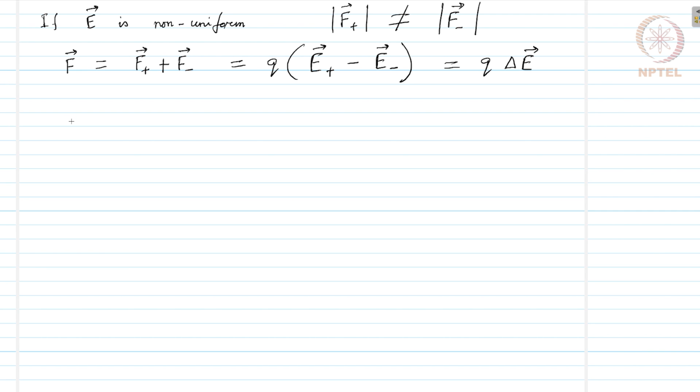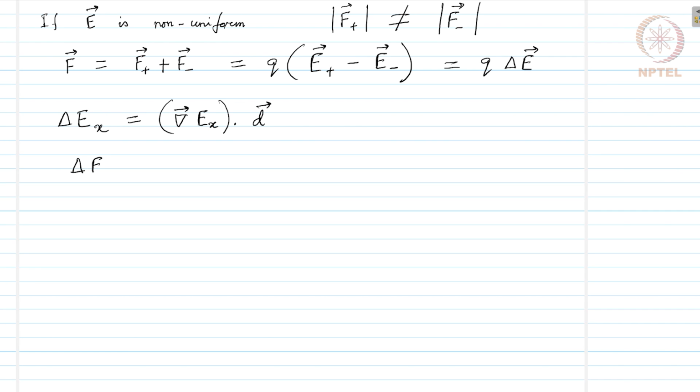So, let us consider the x component of this delta E. Delta E x equals gradient of E x dot the distance vector d, assuming the electric field in x direction.